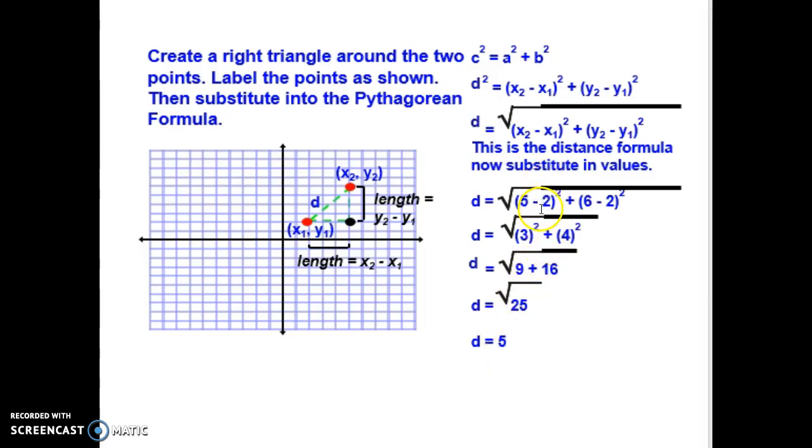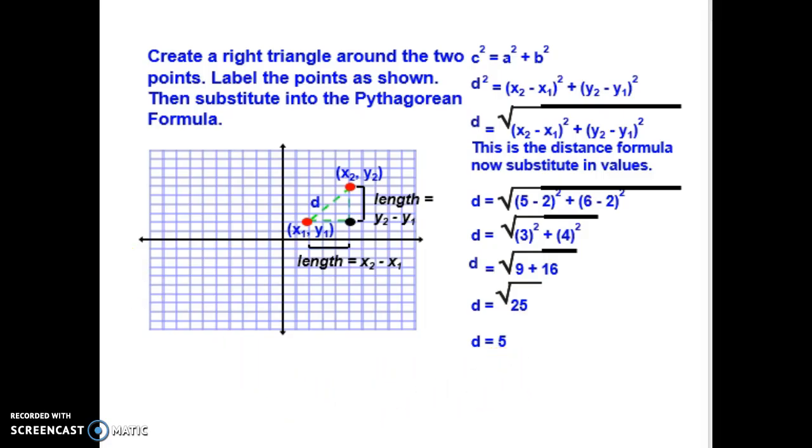You subtract first, subtract both in the parentheses first. We follow the order of operations. Then you square the number in the parentheses, and then you add them together. And then the final added number will be square rooted, and that will give us the distance of 5.